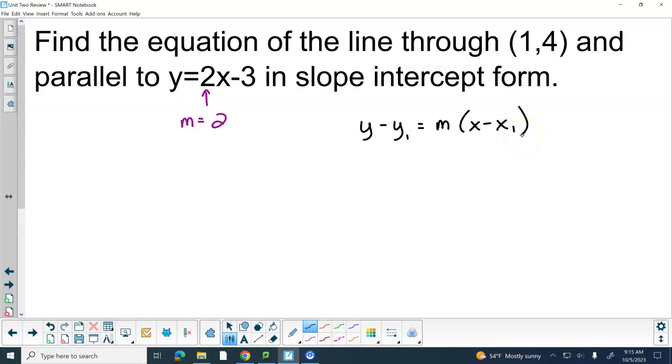Either way, we should get y minus 4 equals 2 times the quantity x minus 1.